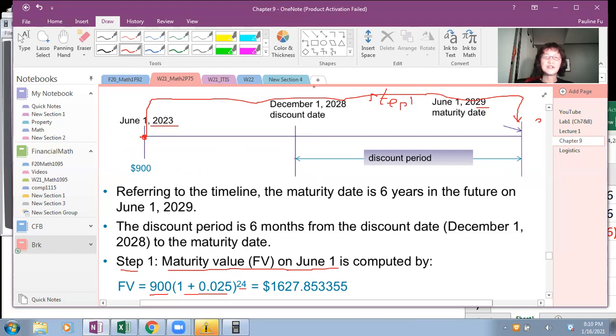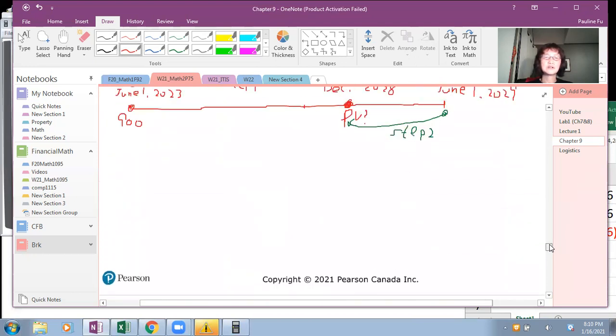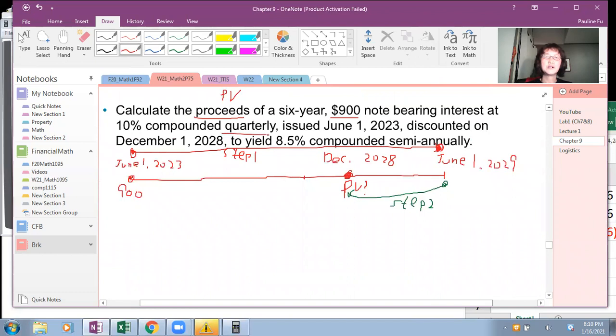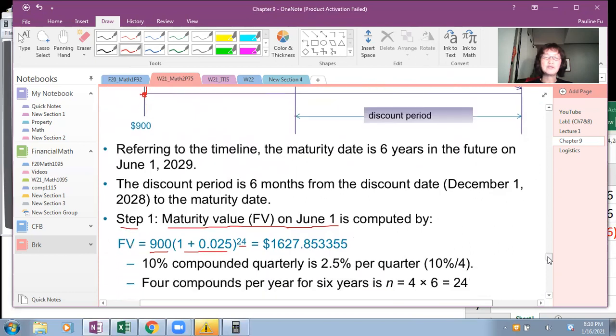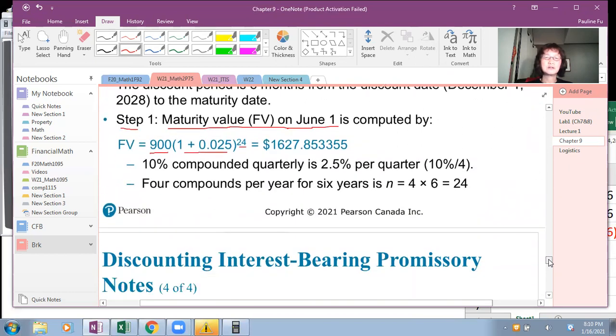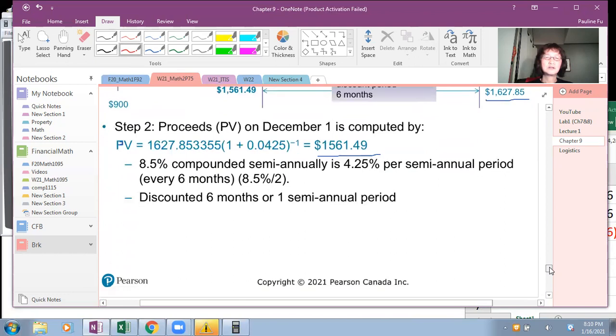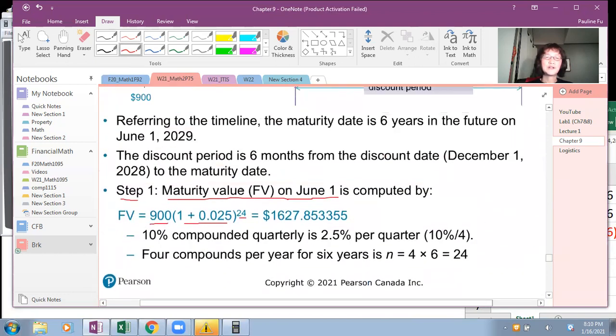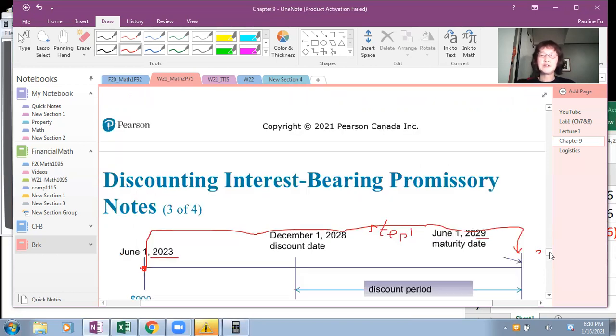It is 6 years, but interest is compounded quarterly. So 6 years is the same as 24 quarters. Step one, it is 24 quarters. So we get the number here, $1,627.